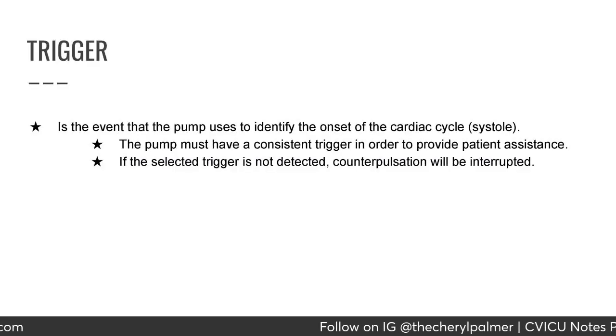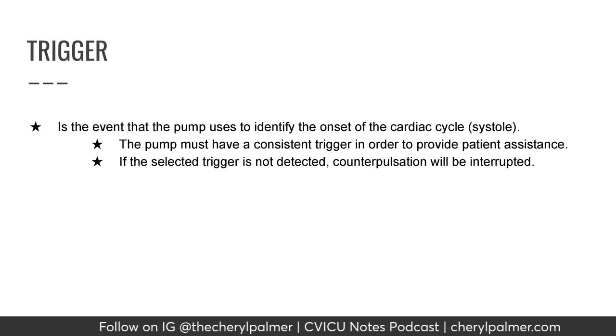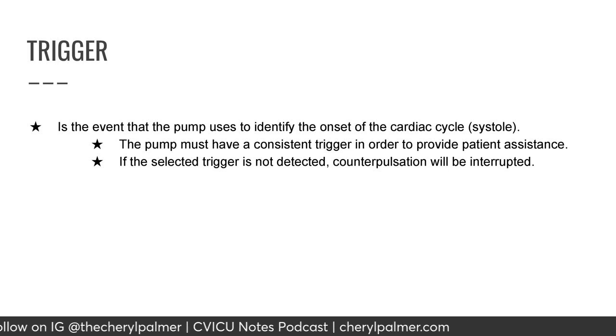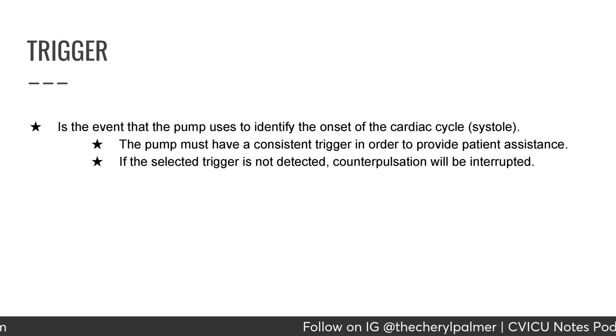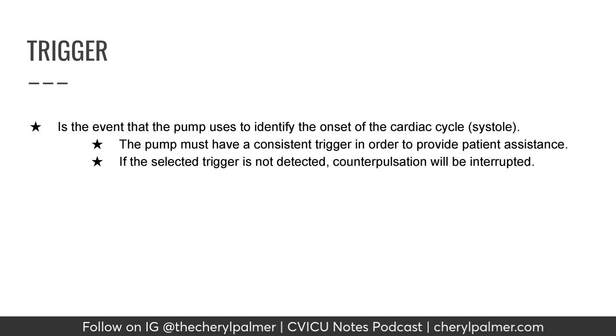Trigger. The trigger that the IABP uses is the event that the pump uses to identify the onset of the cardiac cycle, which is systole. The pump must have a consistent trigger in order to provide patient assistance.